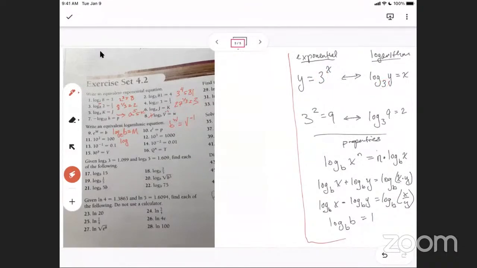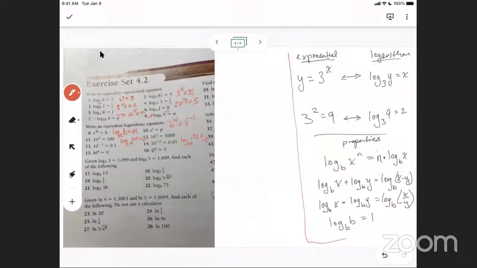So remember, the base is the base. So it's log base 10 of 100 equals 2. That makes sense. So this one over here, number 14, would be the log base 10 of 0.01 equals -2.